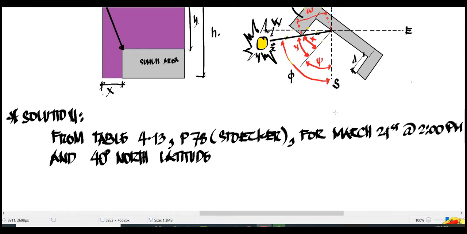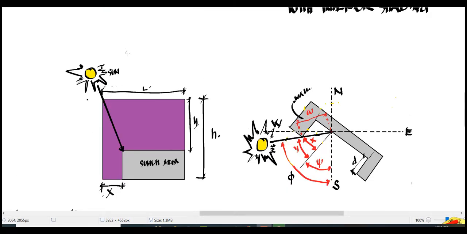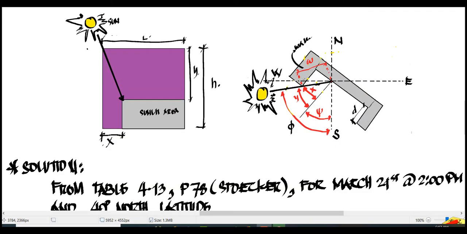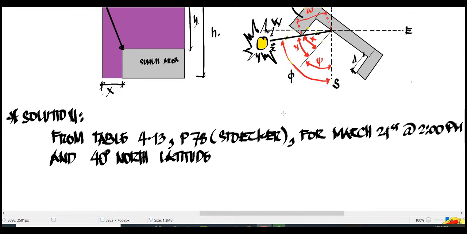Bringing down the figure, we have here the sunlit area, and the top view and projection of the sun. Then the solution: from Table 4-13, page 78 of Stoker, March 21 at 2 o'clock p.m. and 40 degrees north latitude.